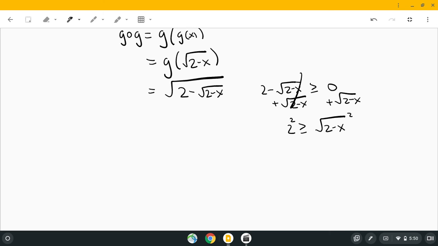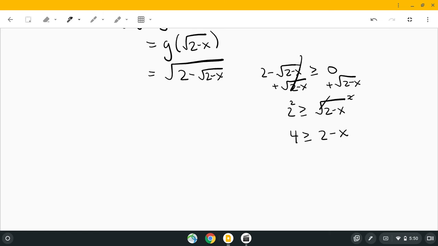So I get 4 is greater than or equal to 2 minus x. And I'm going to move the x over here. So I get x plus 4 greater than or equal to 2, subtract 4, and x is greater than or equal to negative 2.